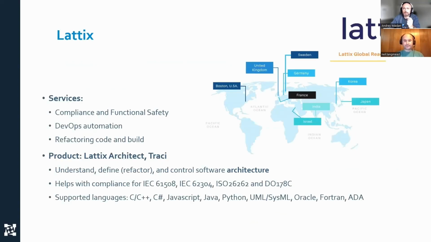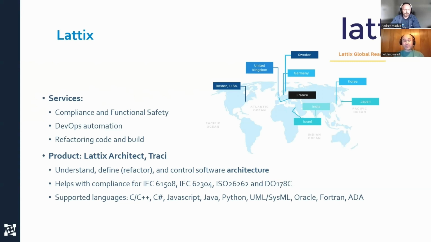Neil, do we want to say some things about Lattix? Yeah, thanks, Andrey. At Lattix, we're Boston-based. We have a worldwide network of distributors and partners, enabling us to provide architectural-focused consulting and products worldwide. We particularly help with compliance and functional safety, and compliance to the architectural requirements of functional safety standards such as 61508, which we're talking about today, 62304 for FDA medical, ISO 26262 for automotive, and avionics DO-178C.